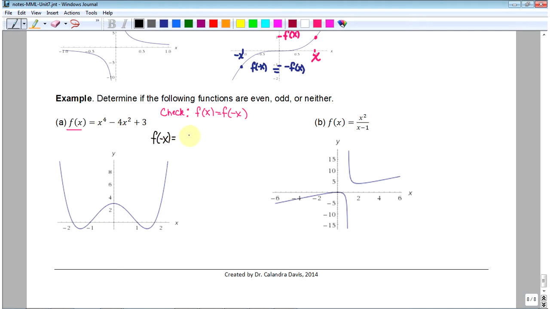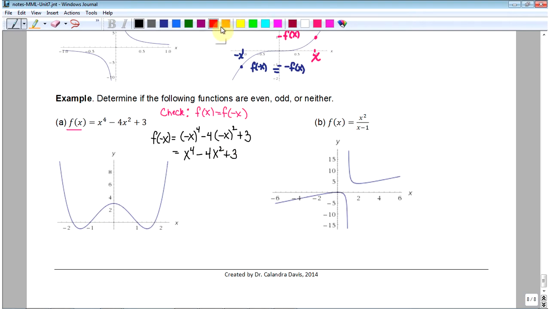So when I substitute negative x in everywhere I see an x, we have negative x, that quantity to the fourth, minus 4 times the quantity negative x squared, plus 3. Well, negative x to the fourth will end up being a positive x to the fourth. Negative x squared will be a positive x squared.